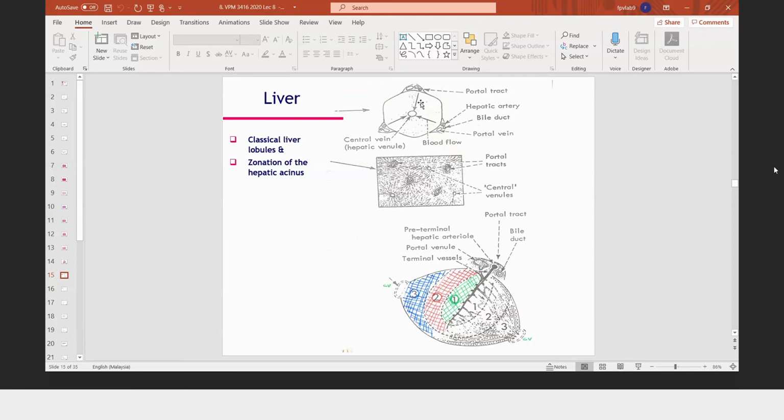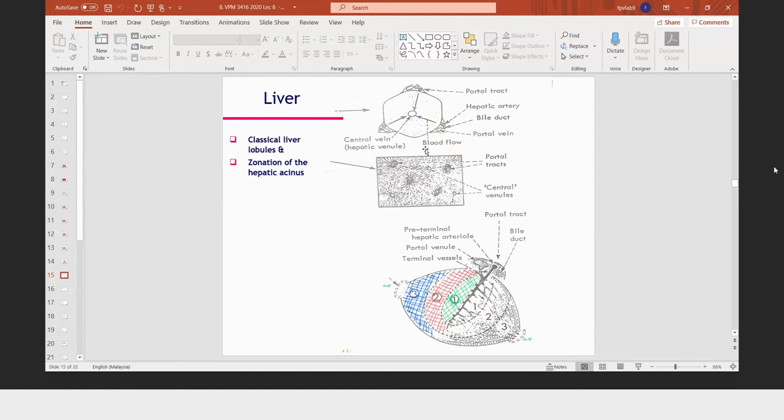But after some time, they realized that this theory or this finding is not true. That's why they came out with the zonal hepatic acinus, where they found that the blood flows from the portal tract into the sides first, and only then goes inside. Meaning that it doesn't go straight.